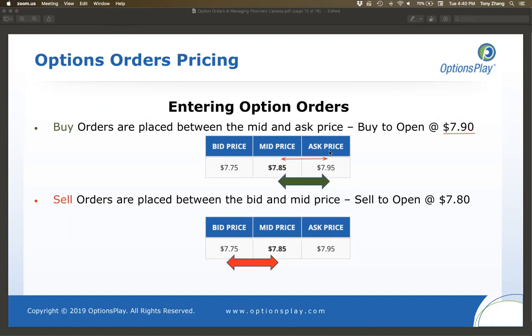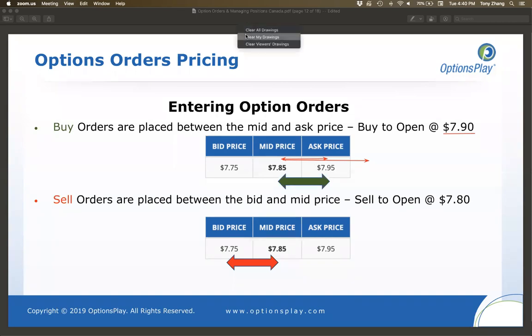And usually, this is only 10 cents away from the mid price, which is why I'm using 5 cents. But if instead this was, let's say, 7.85 by $8.50, I would still start at 7.90, maybe 7.95.